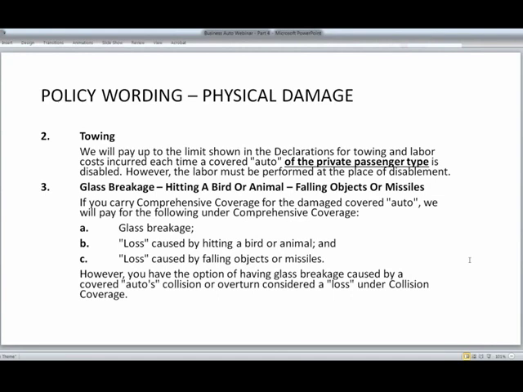One of the weird cases I had defining this was an insured who had a location in Tampa, Florida. On one side of the location there were trees that birds nested in, and on the other side there was a bunch of berry trees that the birds went over to eat the berries.